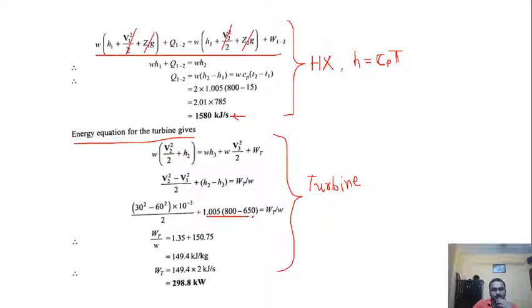H can be obtained with Cp T, and once we make Wt upon m as the subject, we can get the value of Wt per unit mass, and we are also given the mass flow rate, which is 2 kg per second. So finally we can obtain the value of work output from the turbine in absolute form.